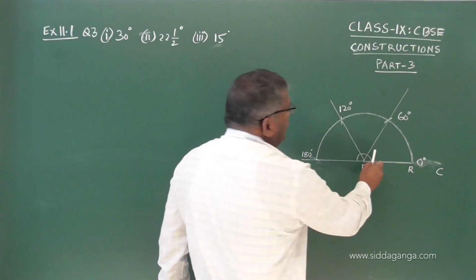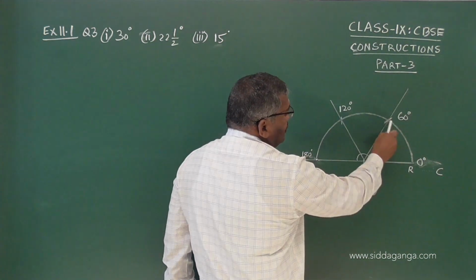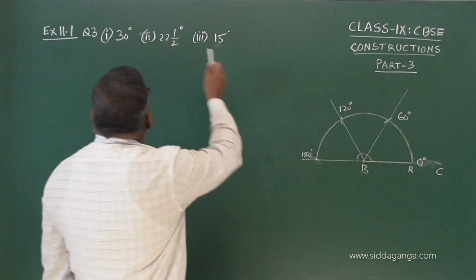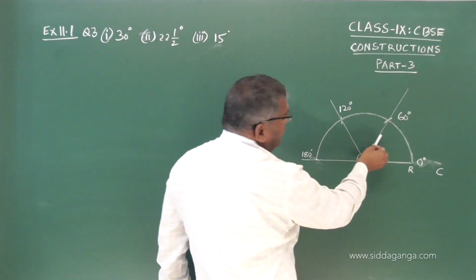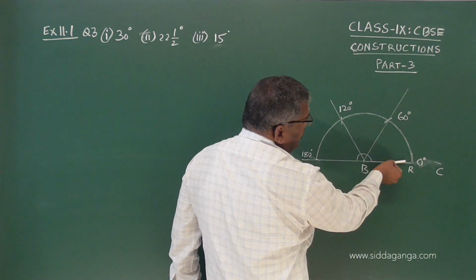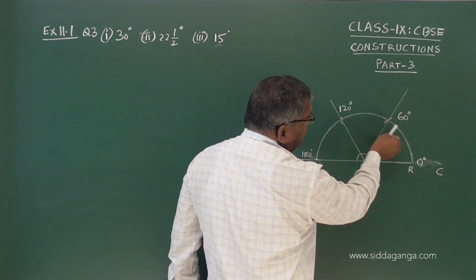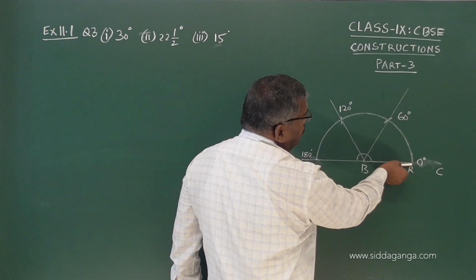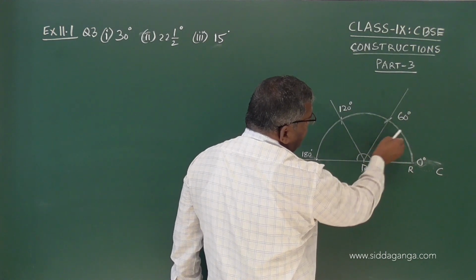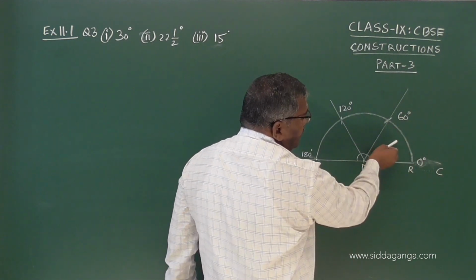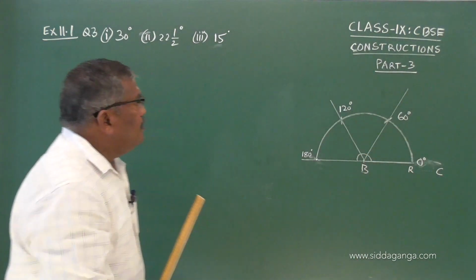Now since this is 60 degree, here what we need is a 30 degree angle. So I have to bisect this angle. This is 0 and this is 60. If we bisect this angle, we know how to bisect the angle. So we will take some radius, we will cut an arc and we will draw a line. So we will get a 30 degree angle.